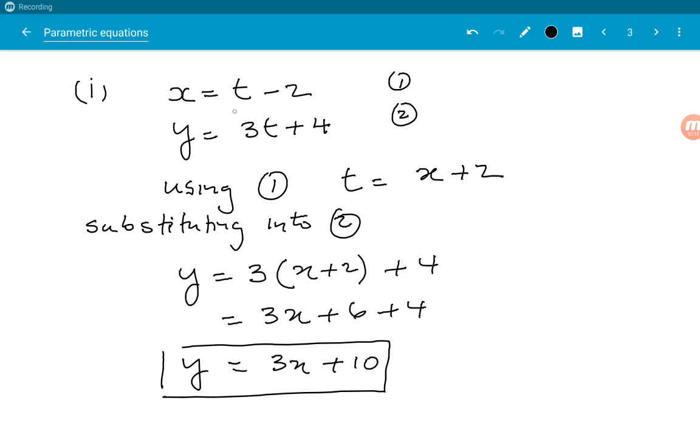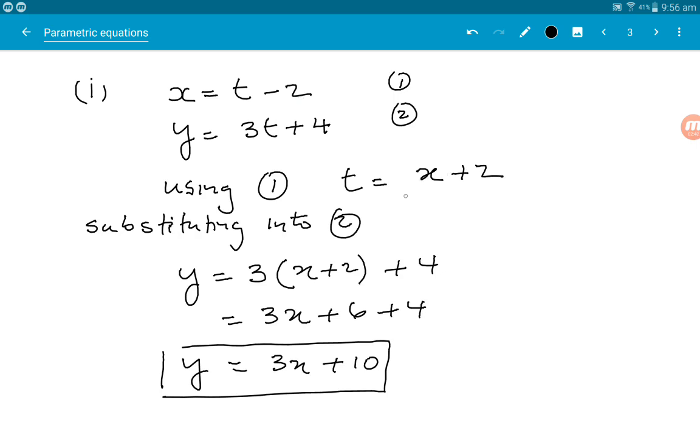So here are our given parametric equations. I could use either one to make t the subject and then to substitute. I'm going to use 1. That seems to be the simpler expression. So I get t is equal to x plus 2. I'm just rearranging this equation to make t the subject.